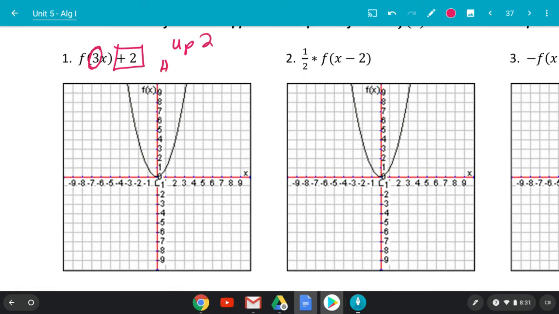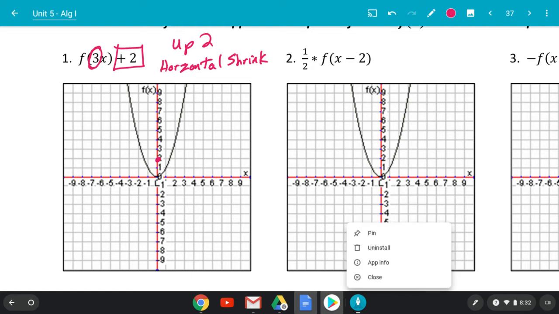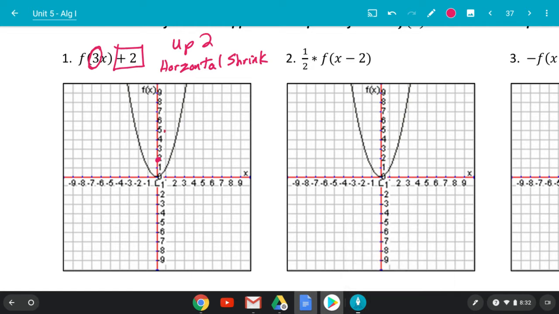So it's a horizontal shrink. So this is going to move up 2, and it's going to get a horizontal shrink. It's going to get much skinnier. Cool.